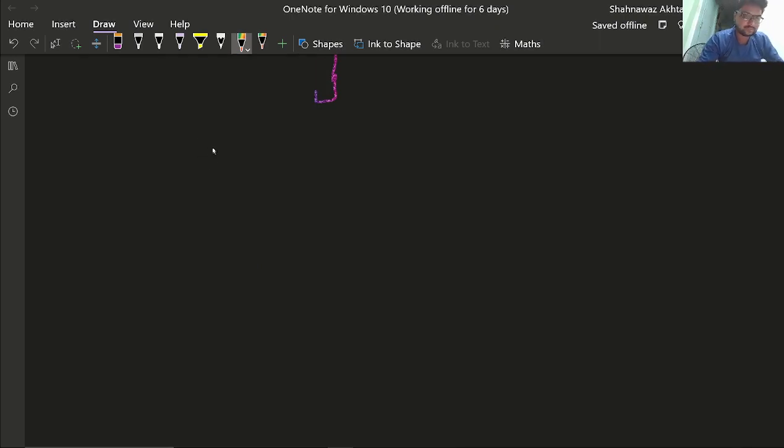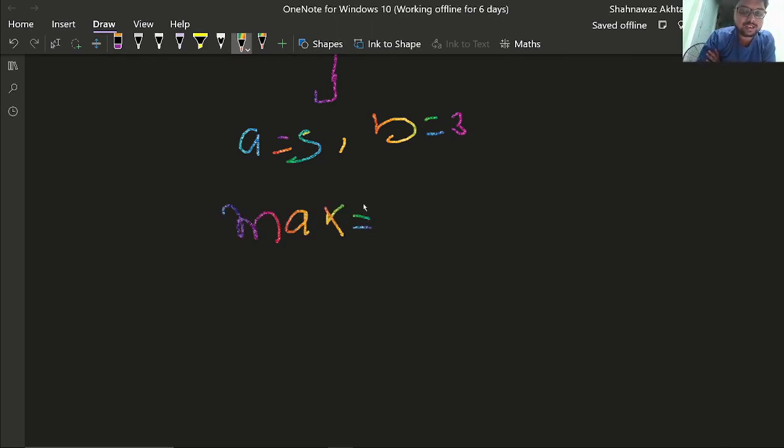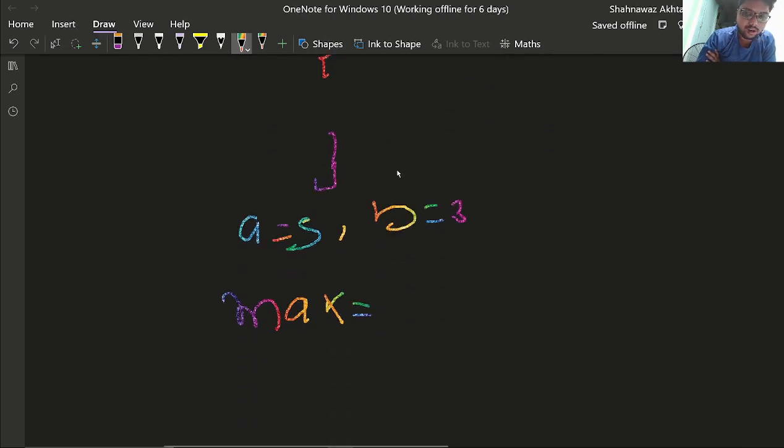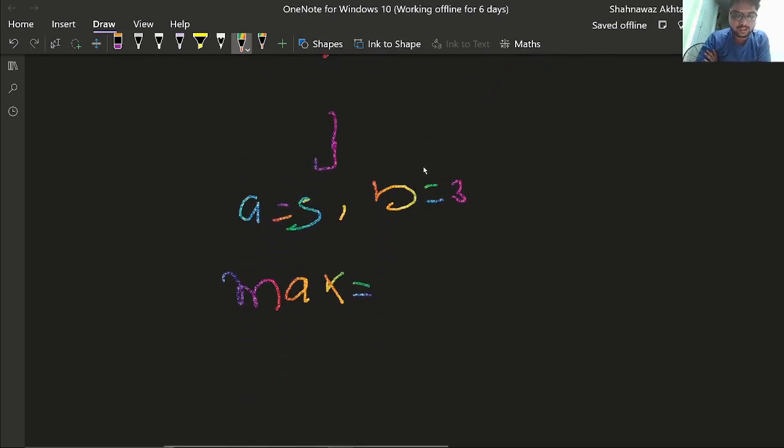So suppose we are given A equals to 5 and B equals to 3, how will it work, how can it be written? Suppose we have to assign a variable max as the answer. It will return the value, whatever we decide in the expression.